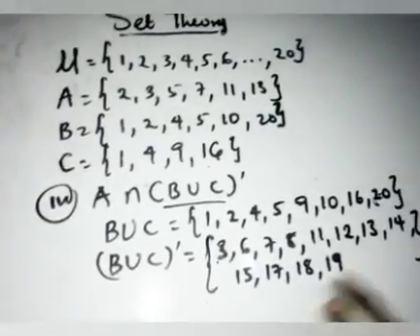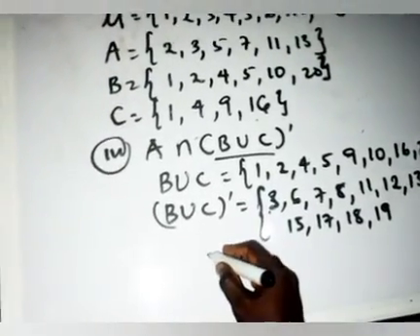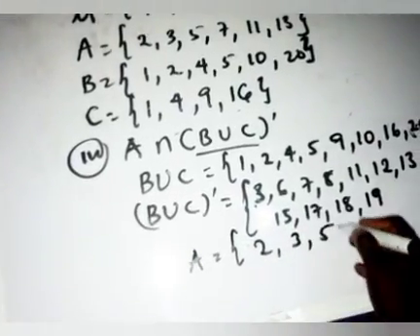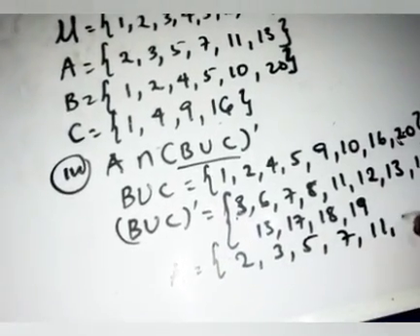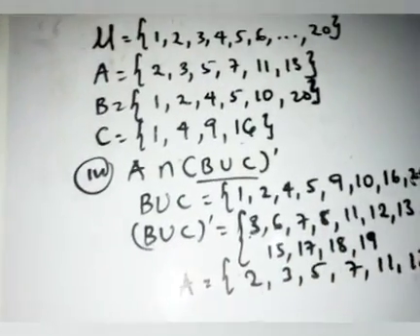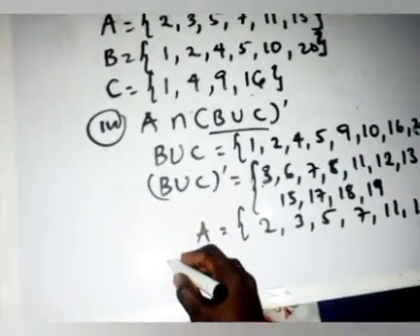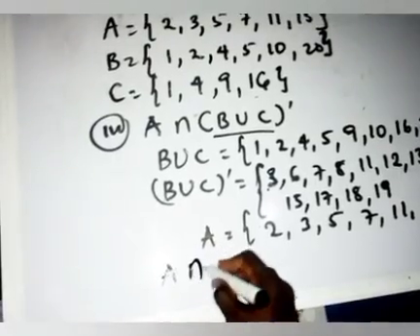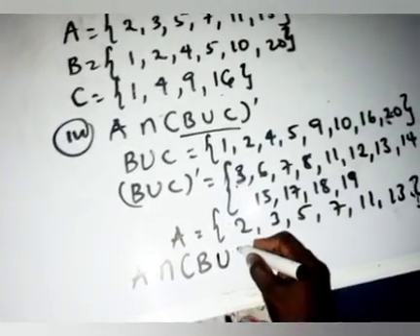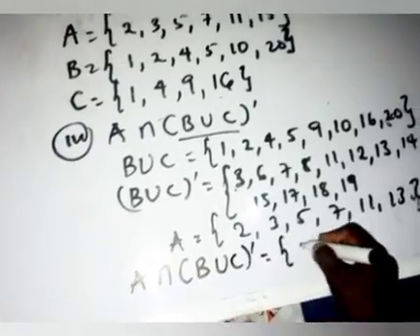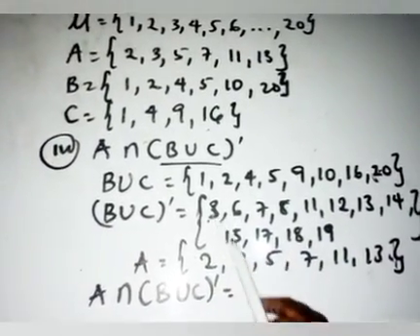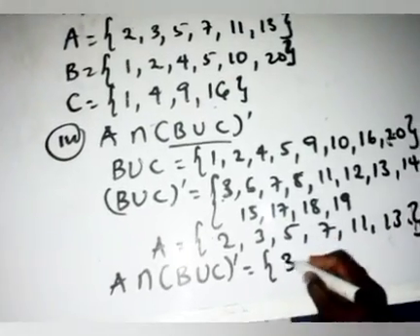So now you have B union C prime. Then A includes 2, 3, 5, 7, 11, and 13. So what do you have in common in these two? There is 3 here, there is 3 here, so 3 is common.